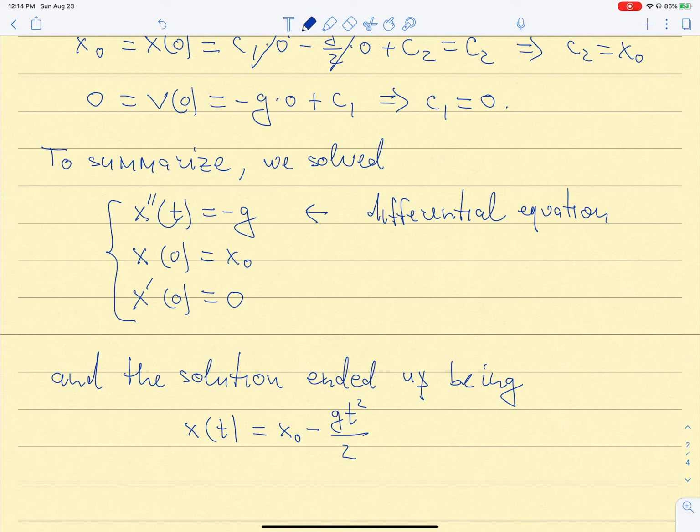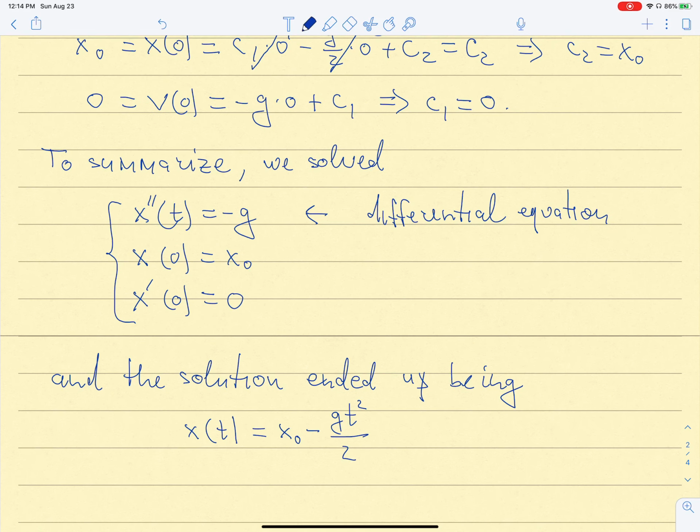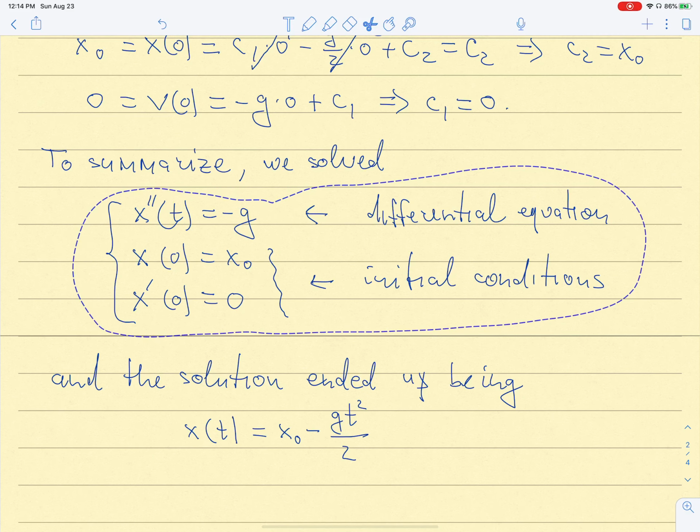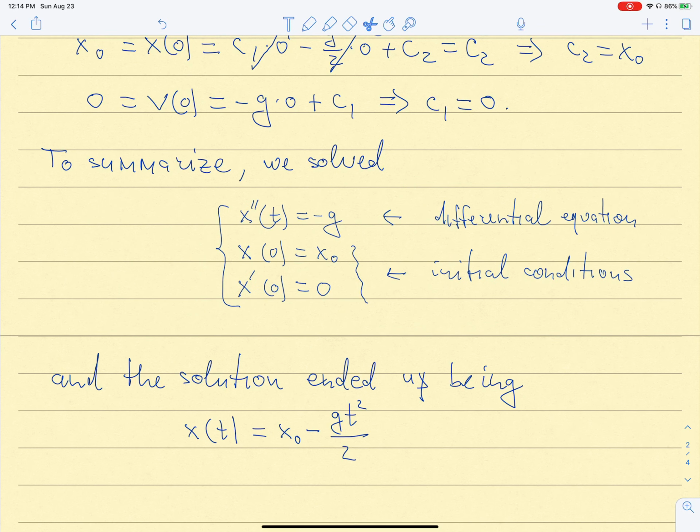And to specify two unknown constants, we had to prescribe two conditions, which specified what the ball was doing at the time t equal to 0. So for that reason, these are called initial conditions. And the whole combination of a differential equation and initial conditions is called an initial value problem. And that is something that we will be interested to solve in the future.